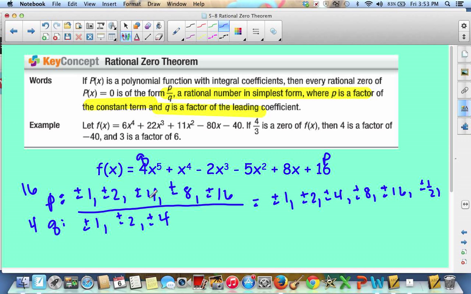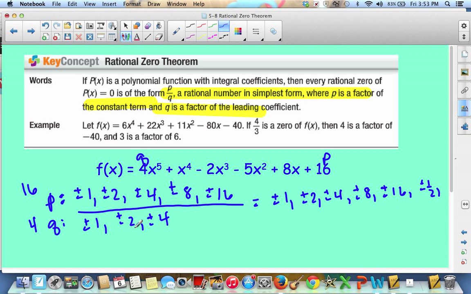And let's see, now it's going to 4. 4 divided by 1, we got those. 4 divided by 2, we got those. 4 divided by 4, we got that again. Let's see what else. Now let's move on to 8. 8, 4, 2. Very good. Oh, we forgot to do this part. 1 divided by 4. Forgot to do my ones.